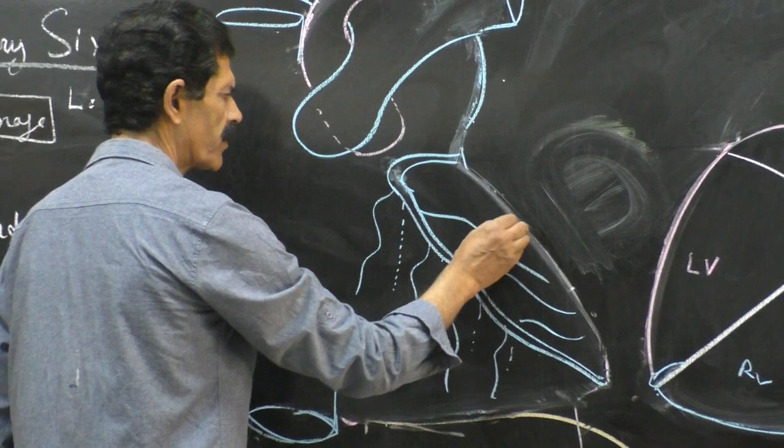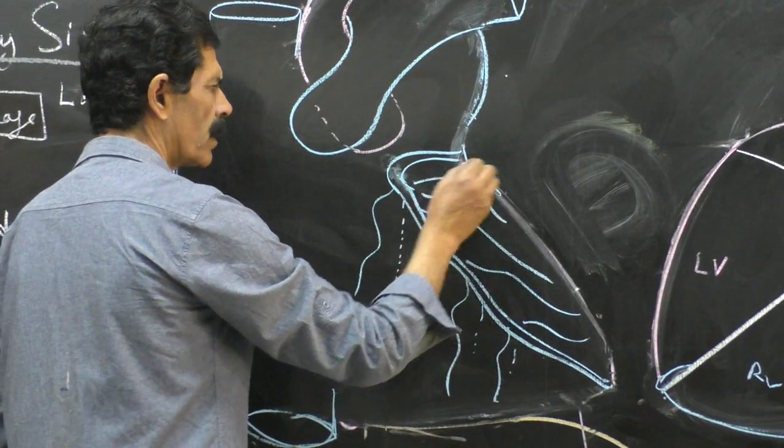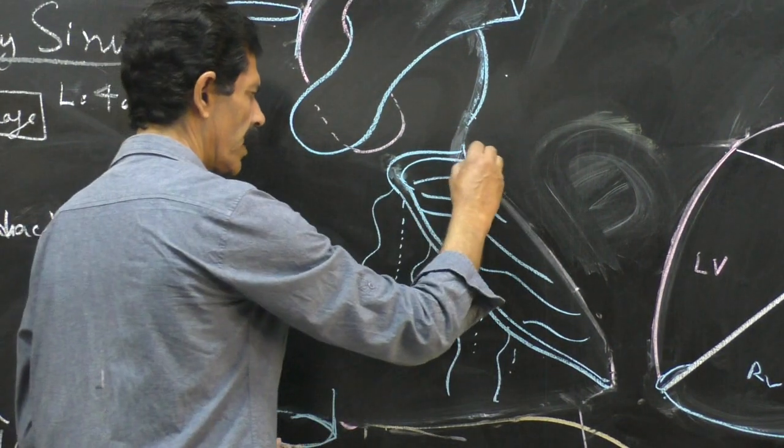The larger area of drainage is of the great cardiac vein.